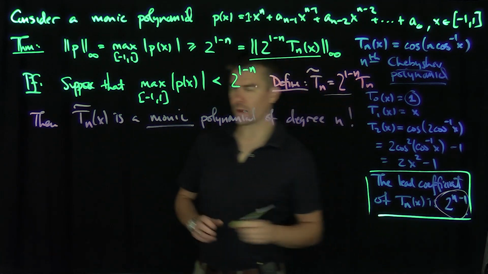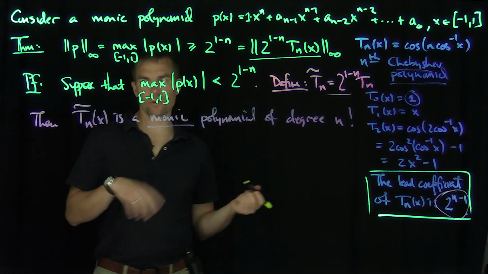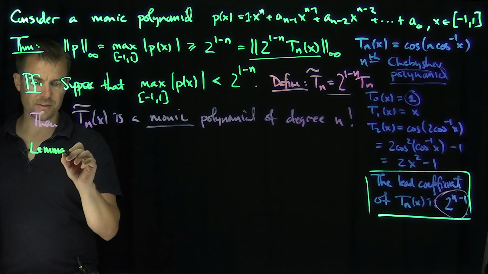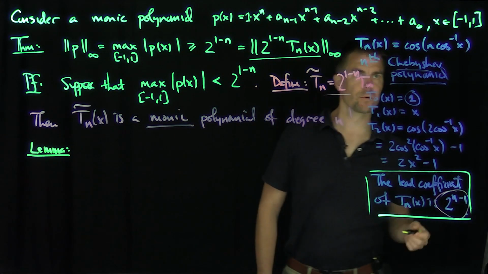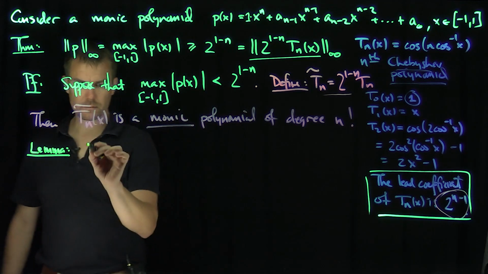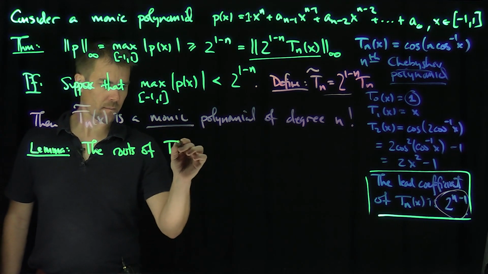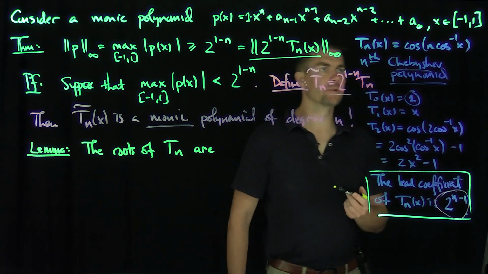Okay, that's going to be an important observation in our proof, okay? So, okay, that's great. And so now let's make some observations about these Chebyshev polynomials. So I need a lemma in the middle of our proof over here to make some observations. It's a simple lemma to prove, right? And so what do we know about the roots of Tn? So let's look at the roots.